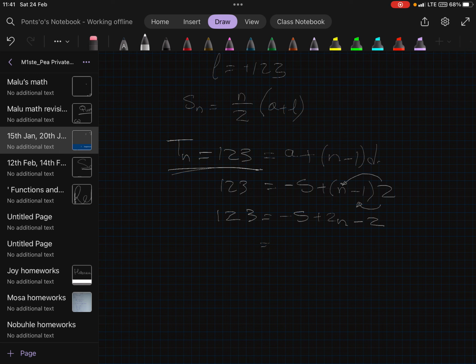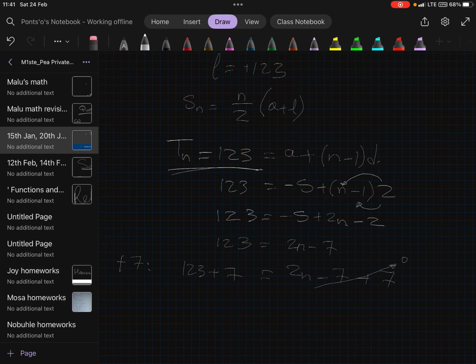Then we take the negative 2 and the negative 5 and add them up, which gives negative 7, so negative 7 plus 2n equals 123. When we apply the additive inverse on both sides, we get 123 plus 7 equals 2n minus 7 plus 7.